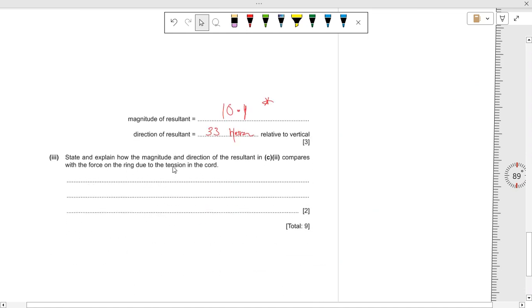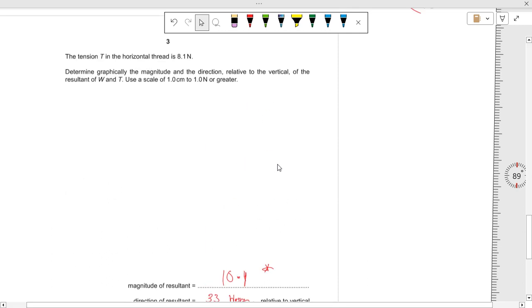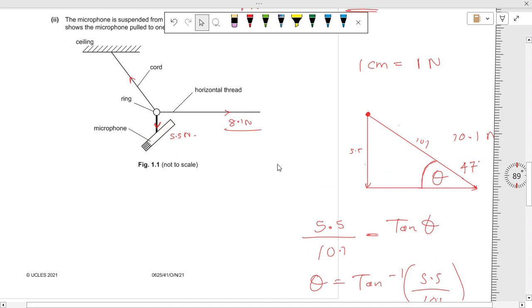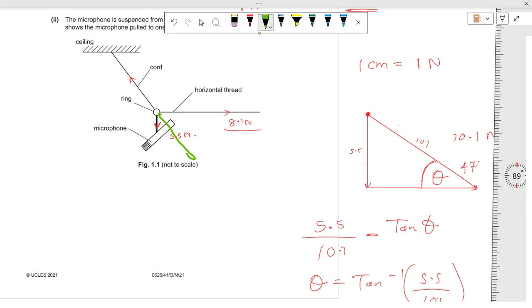State and explain how the magnitude and the direction of the resultant in C second part compares with the force on the ring due to the tension in the cord. The direction of the resultant force was here. When you draw it, you get a vector opposite to the cord, and the length should be 10.1.